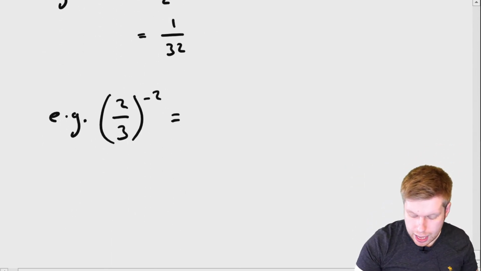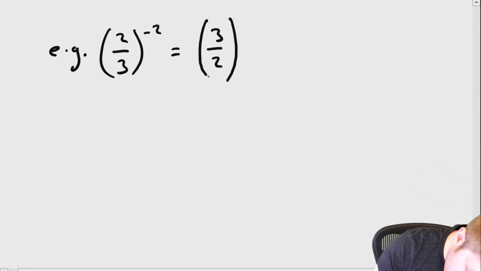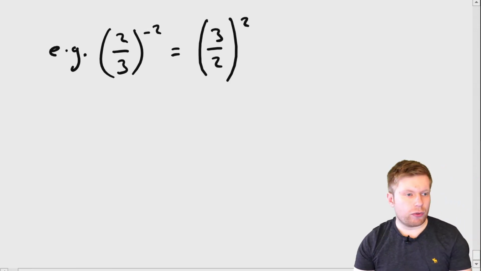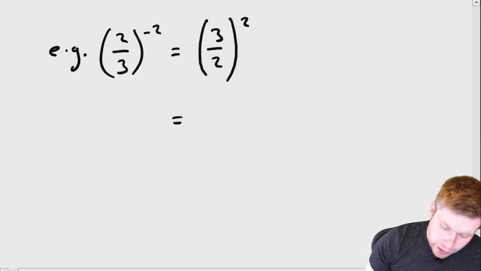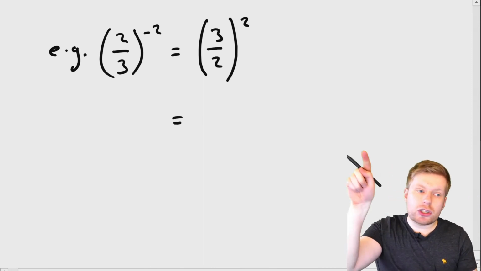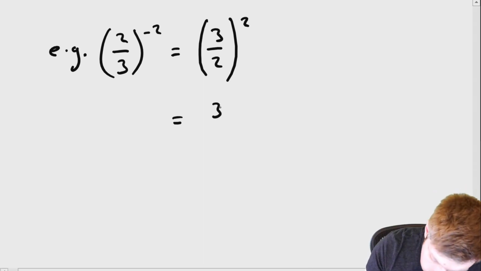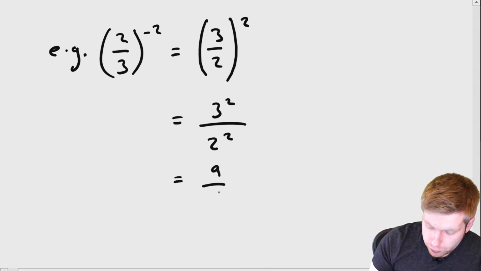So let's do the same thing here. Let's flip the fraction upside down, so 3 over 2, and raise it to the power of positive 2. So you raise it to the positive power. If I just square this, all this fraction squared literally means is square the top, square the bottom. So 3 squared over 2 squared, or 9 over 4 if you prefer.